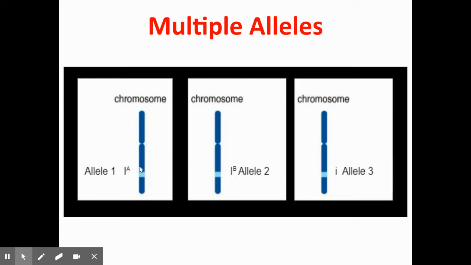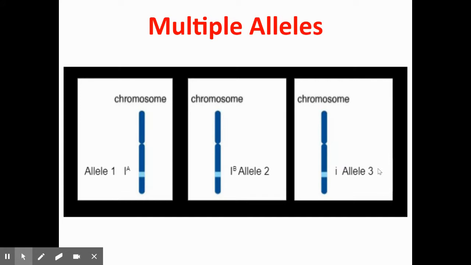Notice that these both have a capital I, but we have to distinguish these 2 by putting a capital A like a superscript. And in this one, we have to put a superscript, but we're using a capital B. So in this instance, I have 3 different alleles. Of course, my lowercase i is my recessive. And then I've got I capital A, I capital B to represent these 2 other alleles. So we have multiple alleles represented here on the board.